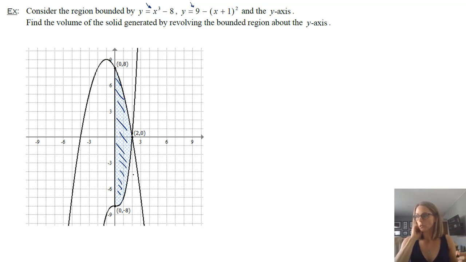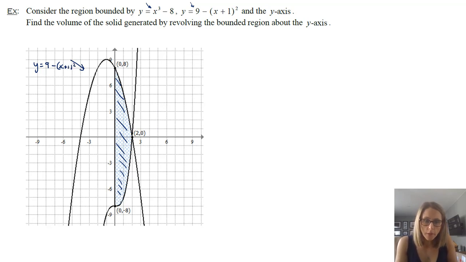You can think about really the fact that because you're talking now about the rotation around the y-axis, you need to have dy, and that means that your functions need to be in terms of y. So this function here, you probably, hopefully notice, is the upside down parabola. So y equals 9 minus (x plus 1) squared.